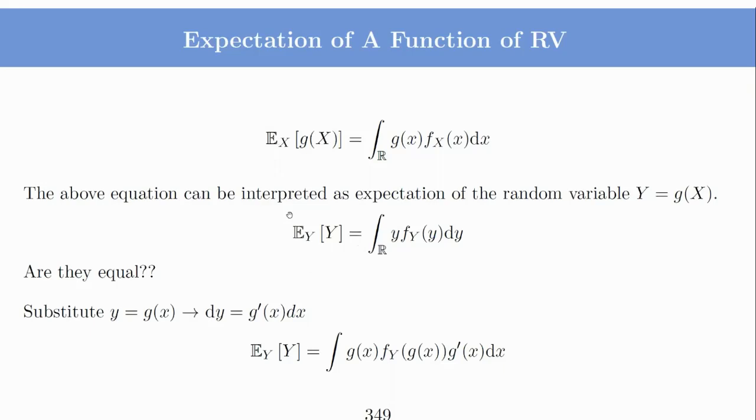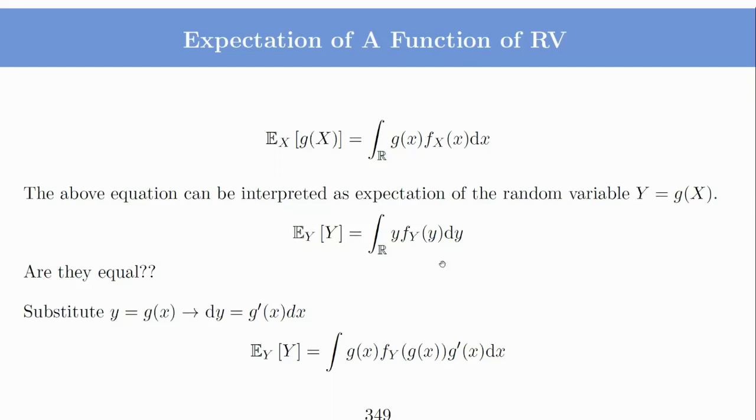The other treats y as a random variable and computes the expectation with respect to y. So the question is, are these equal? They should be equal because both of them are valid expressions. So we will see how they are equal.